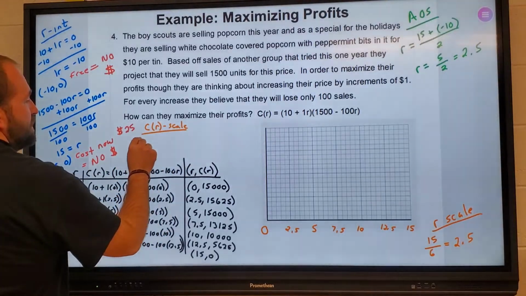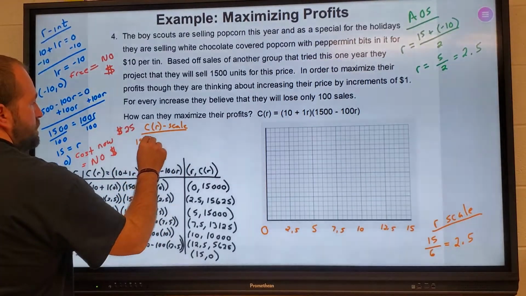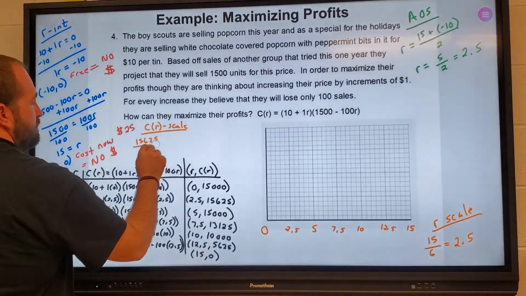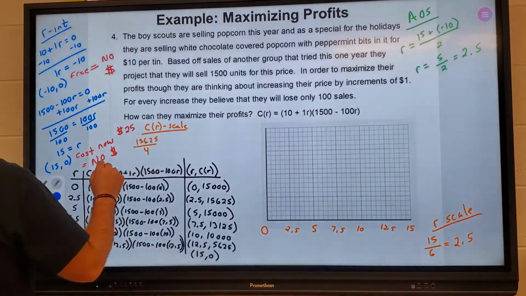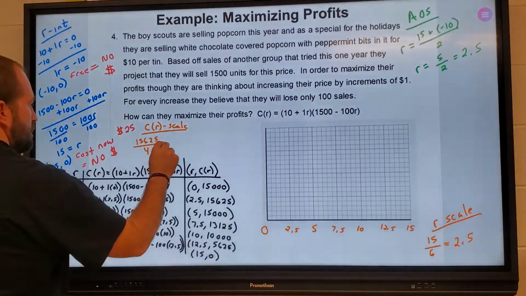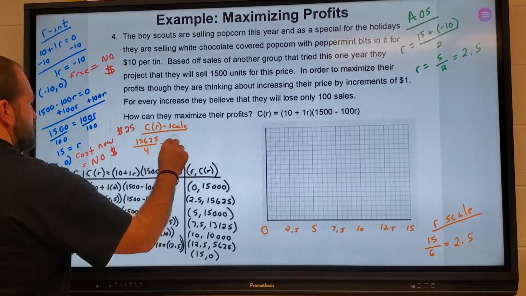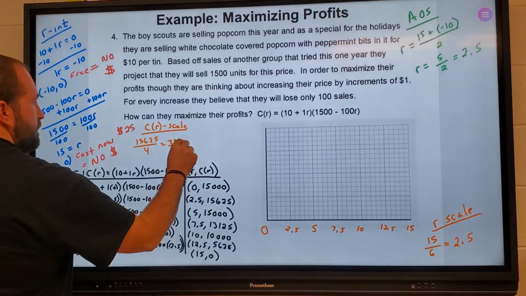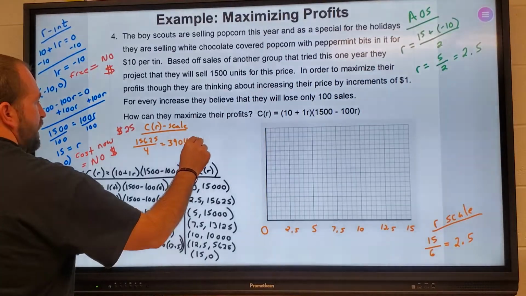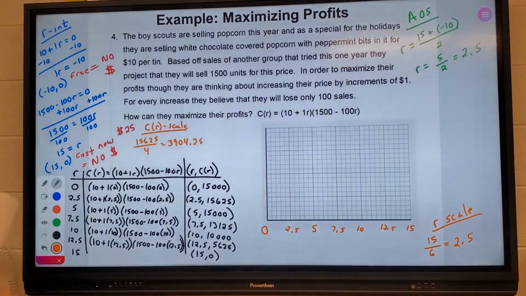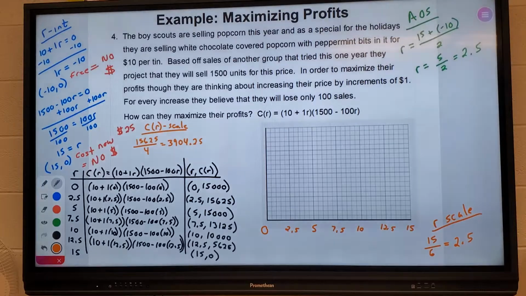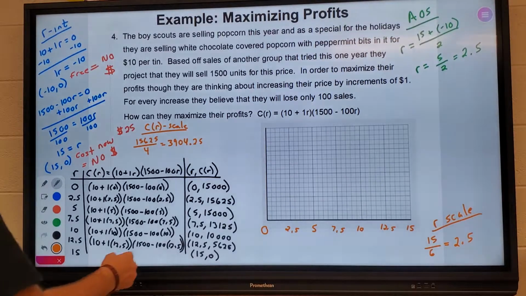I have the 15,625 divided by 4, and that gives me 3,906.25. Okay, obviously I don't want to again work with this decimal, and this is a nice enough thousands decimal that I can round it up to the nearest 100. So if I round it up to the nearest 100, then I end up with 4,000.